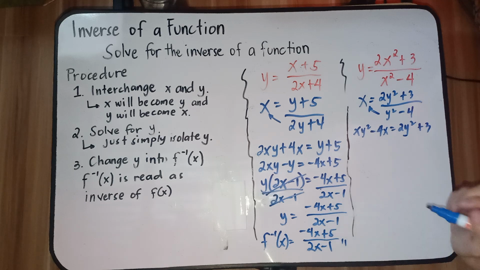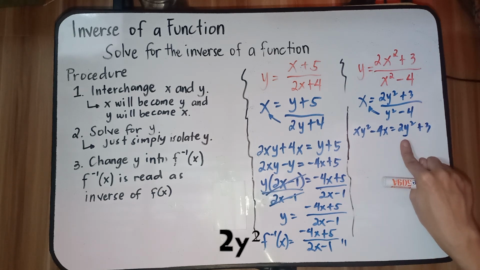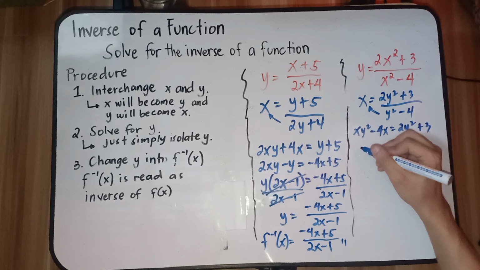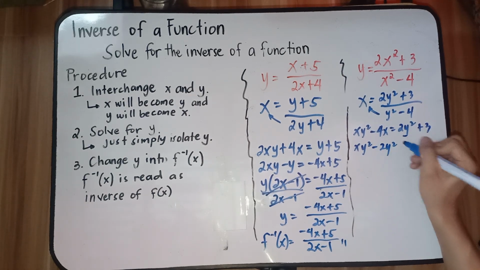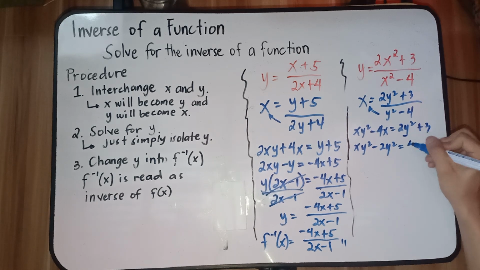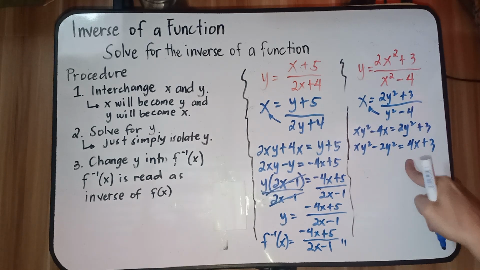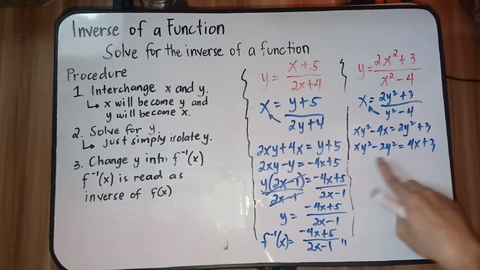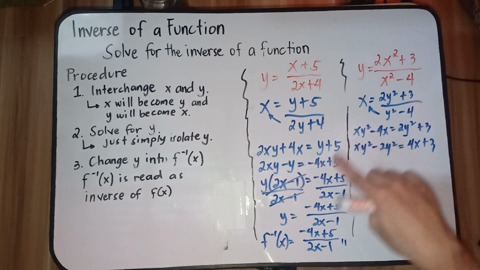For step number 2, we need to isolate y. Since we have xy squared on the left side and 2y squared on the right side, we need to combine them. So transpose 2y squared, so we have xy squared minus 2y squared is equal to 4x plus 3. Since negative 4x, when you transpose that, that will become positive. Now, since we have xy squared minus 2y squared, we need to factor out y squared.